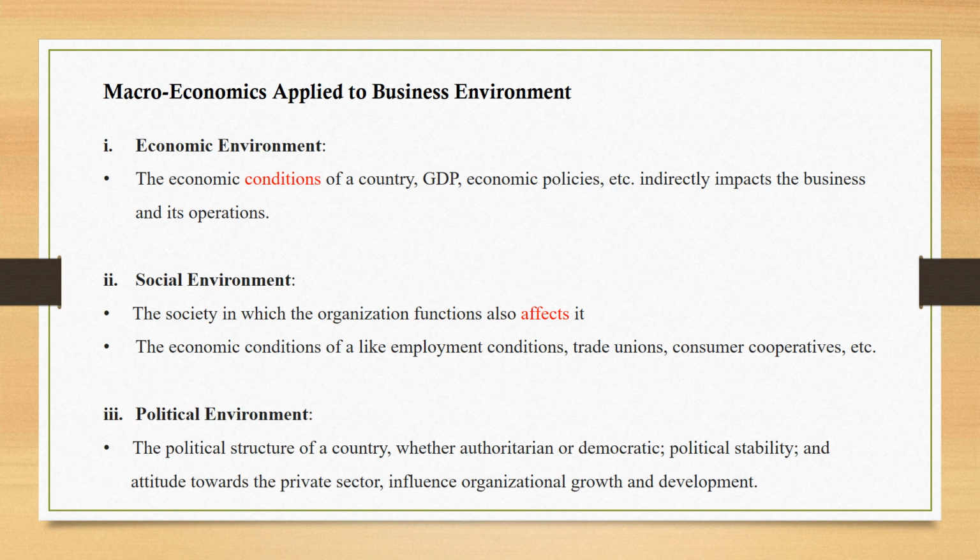Nextly, the economic conditions of life, employment conditions, which include trade unions and consumer cooperatives. Nextly is the political environment, the political structure of a country, whether authoritarian or democratic. Political stability and the attitude towards the private sector influence organizational growth and development.